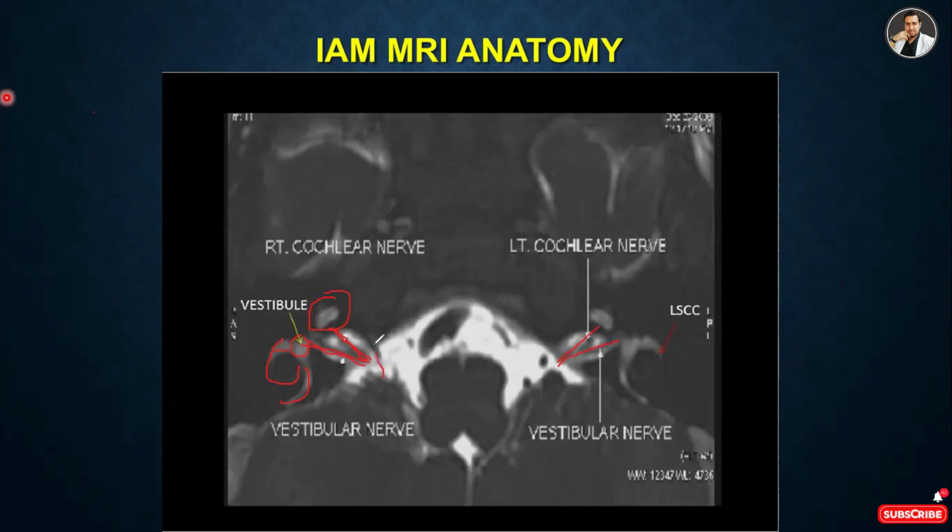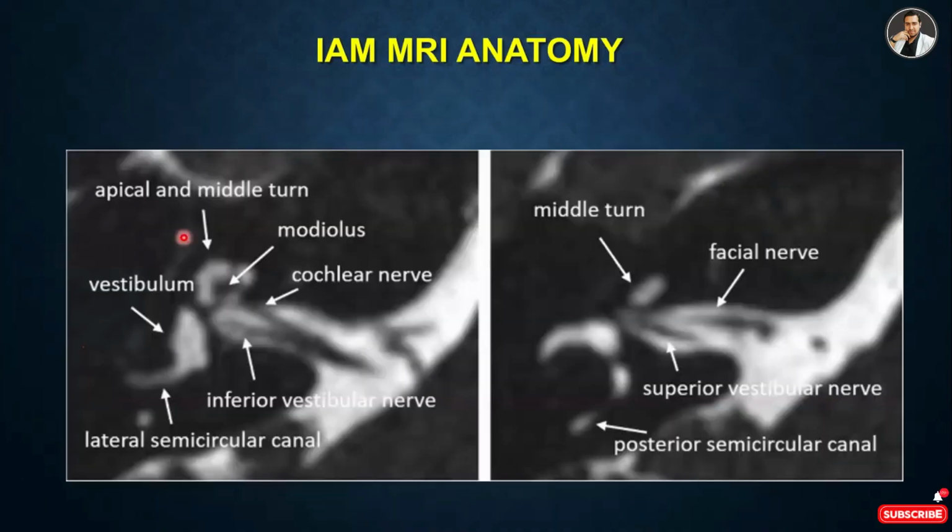Here is another nerve. This is the facial nerve. If we zoom in more, we can see. This is vestibular. This is the cochlear nerve. Here is the inferior vestibular nerve. And again there is an apical and middle turn in the cochlea.